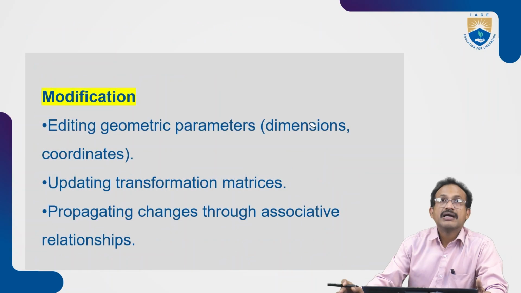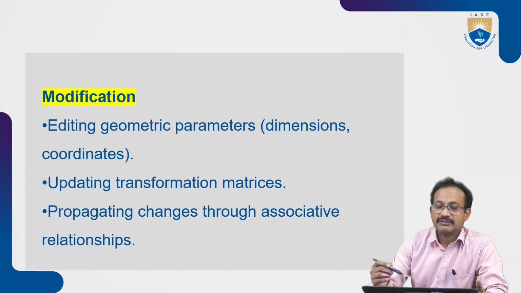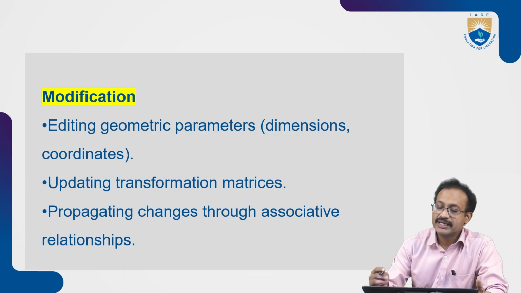Next one, modification: editing geometric parameters, meaning dimensions and coordinates. So we can edit dimensions. Let us say the diameter of some circle is 10 units. With this we can make the base of a water bottle, let us say.